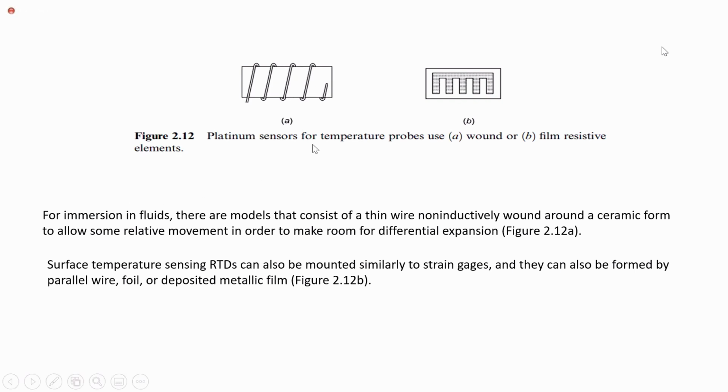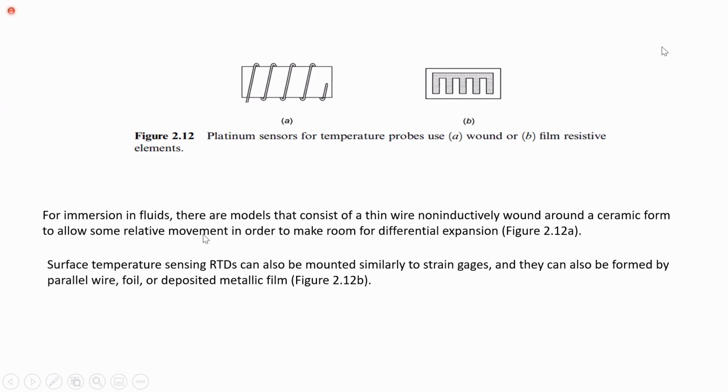So here we have different types of RTDs. Platinum sensors for temperature probes use wire wound, and the second one is film resistive. Either can be used depending on the application and operation. For immersion in fluids, there are models that consist of a thin wire non-inductively wound around a ceramic form to allow some relative movement in order to make room for differential expansion.